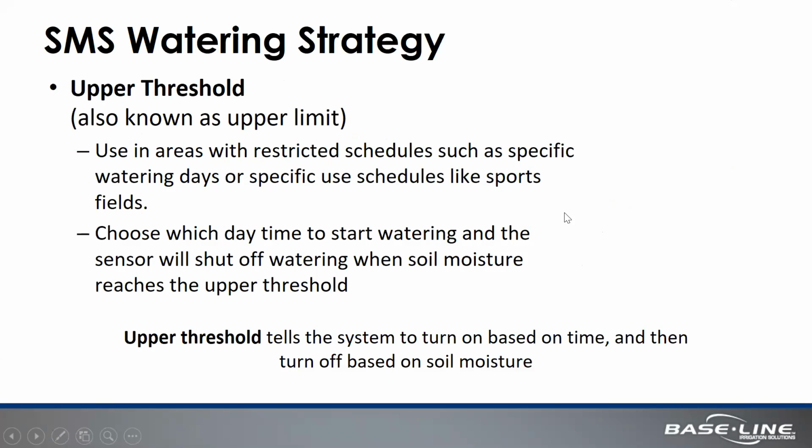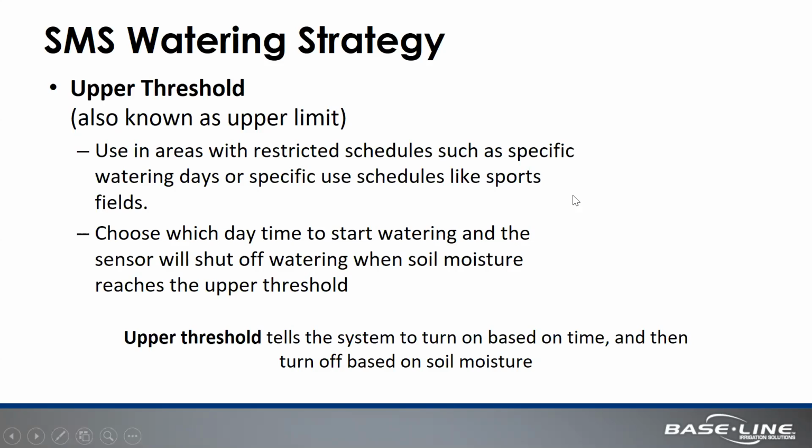Okay, the second type of watering strategy that we can use, and the data from the sensor can be utilized to determine how long a zone should run in order to retain a desired moisture content in a soil profile.